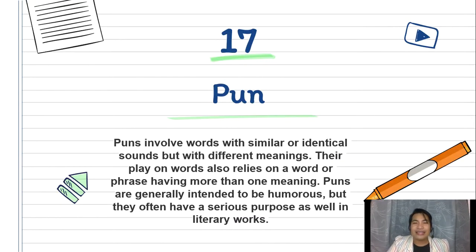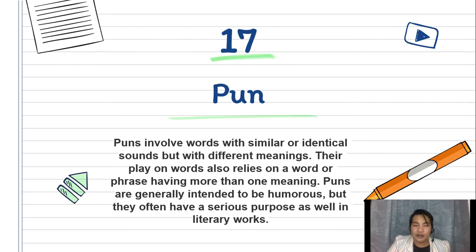Number 17, pun. Puns involve words with similar or identical sounds but with different meanings. Their play on words also relies on a word or phrase having more than one meaning.